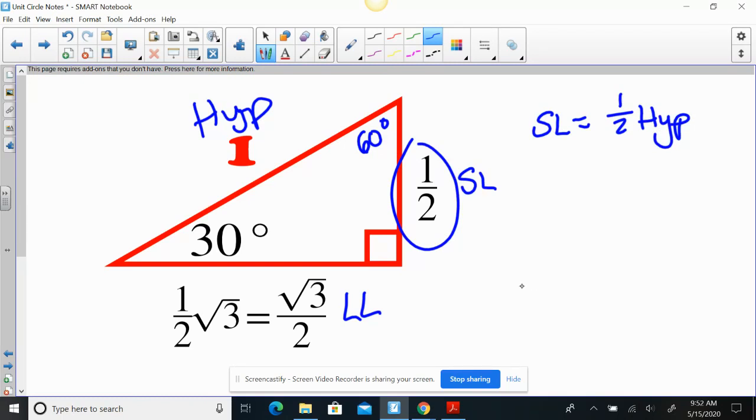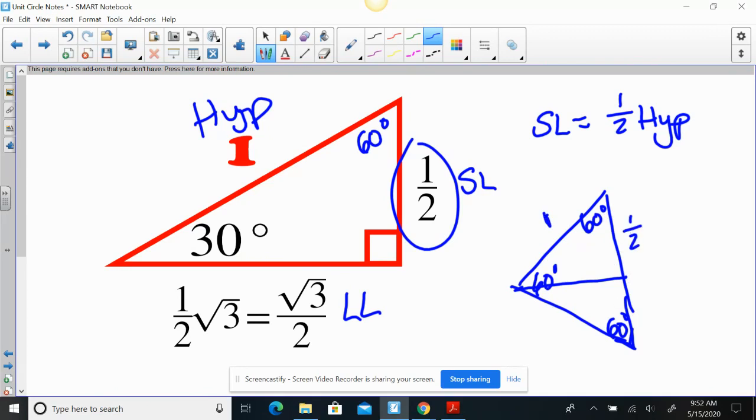And that happens because if I have this 60, 60, this should be an equilateral triangle, and all I did was cut it by a perpendicular bisector. So if this is 1, this is half of that other side from the equilateral, so that becomes 1/2.